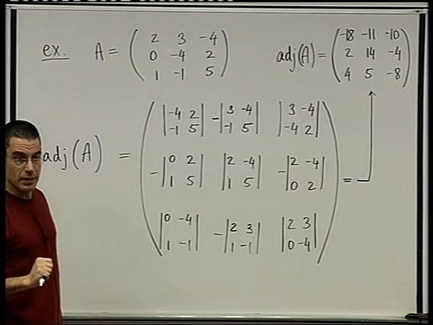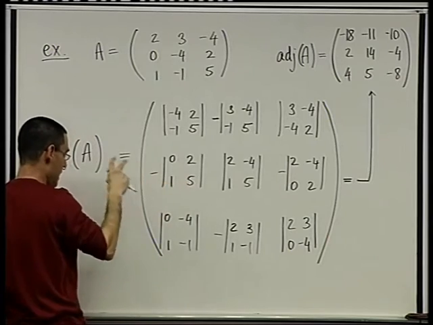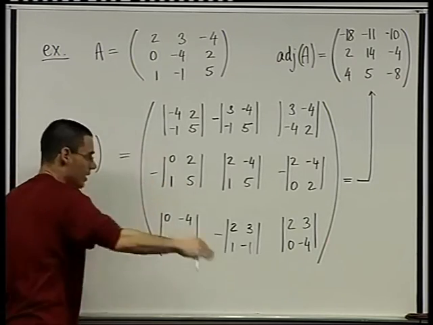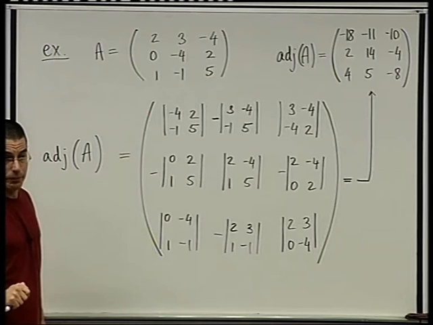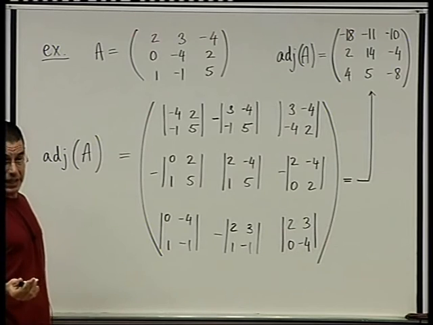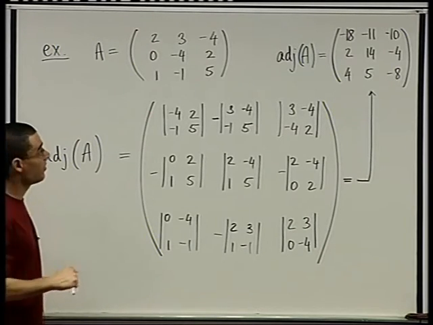Does everybody see that? Okay, so when you take a matrix, multiply it by the adjugate matrix, by the way this was constructed, you get the determinant along the main diagonal. Okay, why you get zeros in the off-diagonal entries, you have to see that in the proof. It's not as obvious, right?